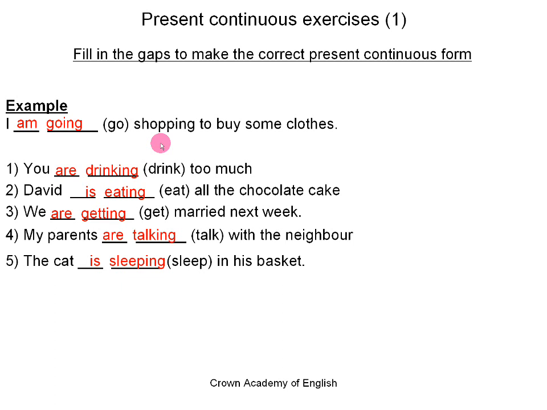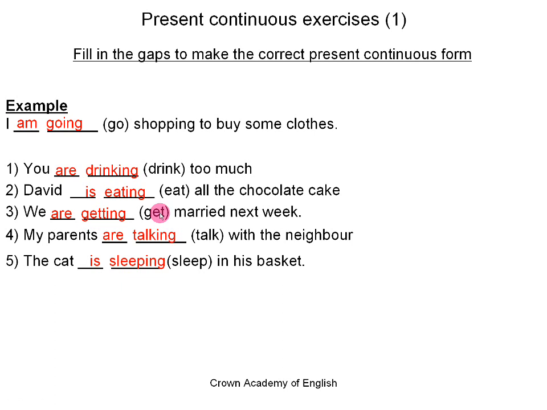Okay, so that is the end of these exercises. Just a couple of comments. Here, question 3, we are getting married next week. As always, with the first part, we are, this is the verb to be. And if you notice, get is the infinitive.